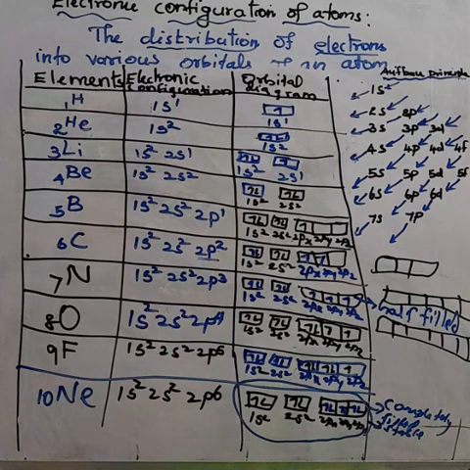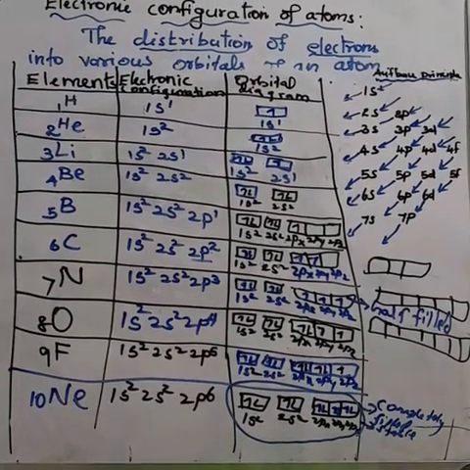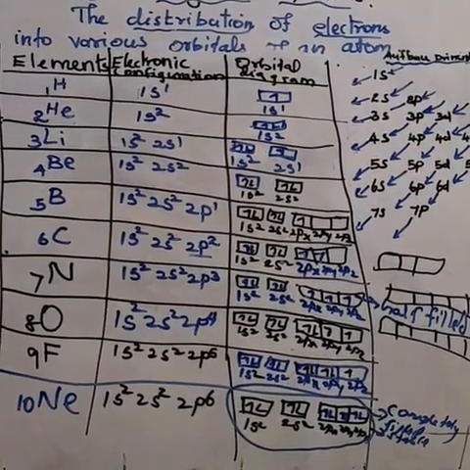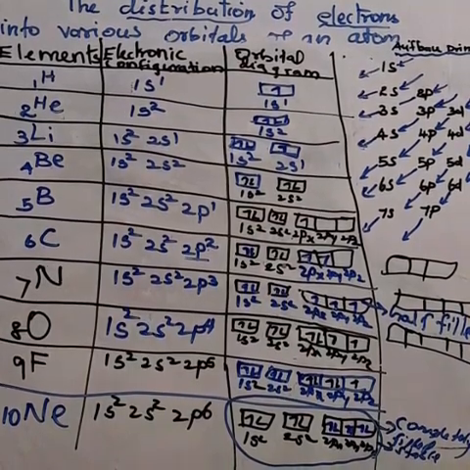For nitrogen it is half filled, and neon is the completely filled electronic configuration. Okay, understood? These are all about the electronic configuration of the first 10 atoms according to the Aufbau principle.